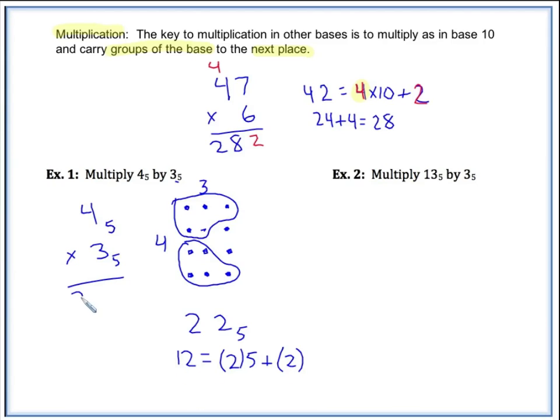So we have our 2 groups of 5 with 2 left over, base 5. So this process is very similar to what we did for addition. We just have to do the multiplication in base 10 and then translate that to base 5. Okay, so go ahead and try example 2 on your own and come on back when you're finished to check your work.